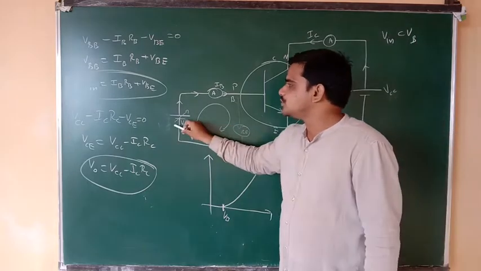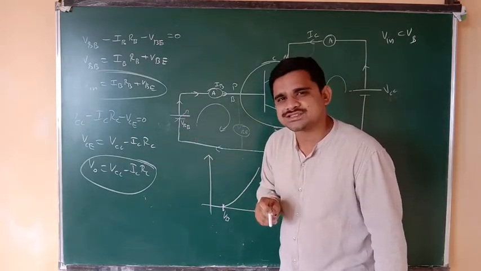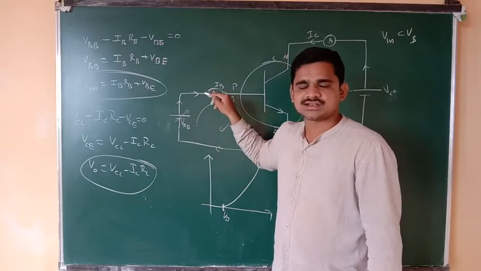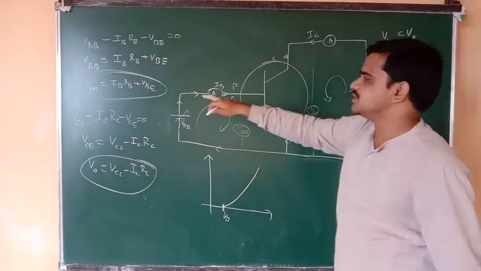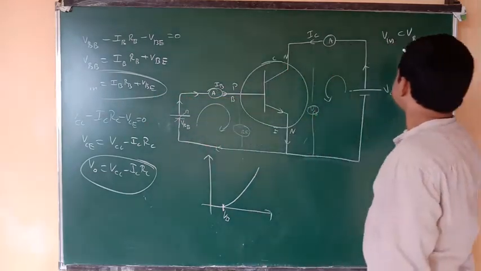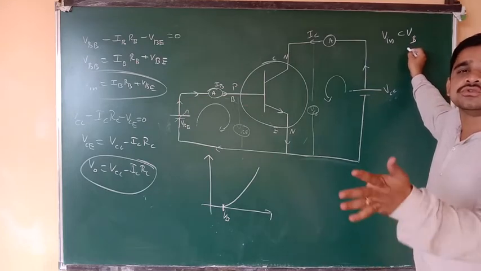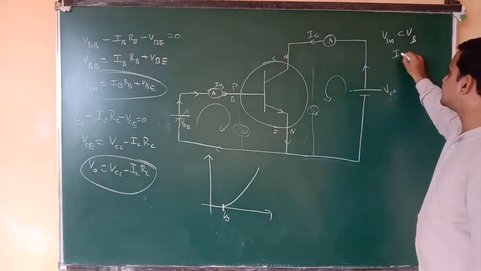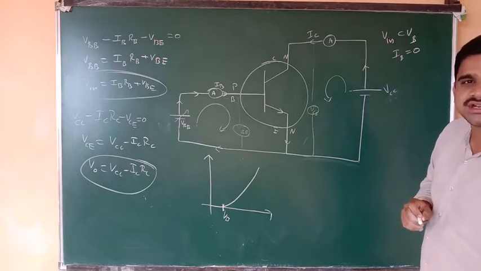But the applied voltage here is less than this 0.6. Then what happens here? No current flows. Understand the point here? If the input voltage, nothing but VBB, is less than the barrier potential, then no current flows. It means input current is 0.